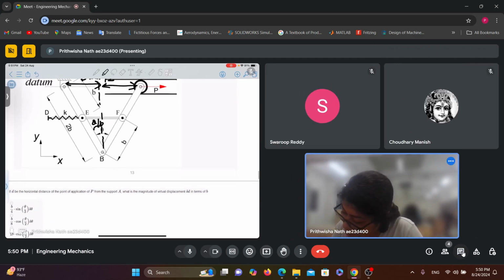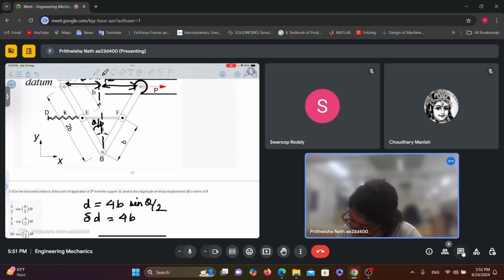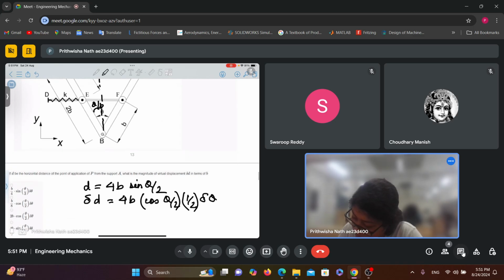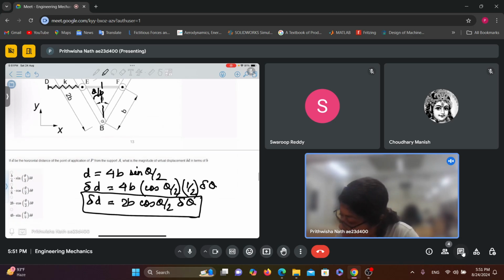So D equals 4B sine theta by 2. Now differentiating this will give 4B cos theta by 2 into half delta theta. So delta D would be 2B cos theta by 2 delta theta. So this is the answer. So the third option is correct.